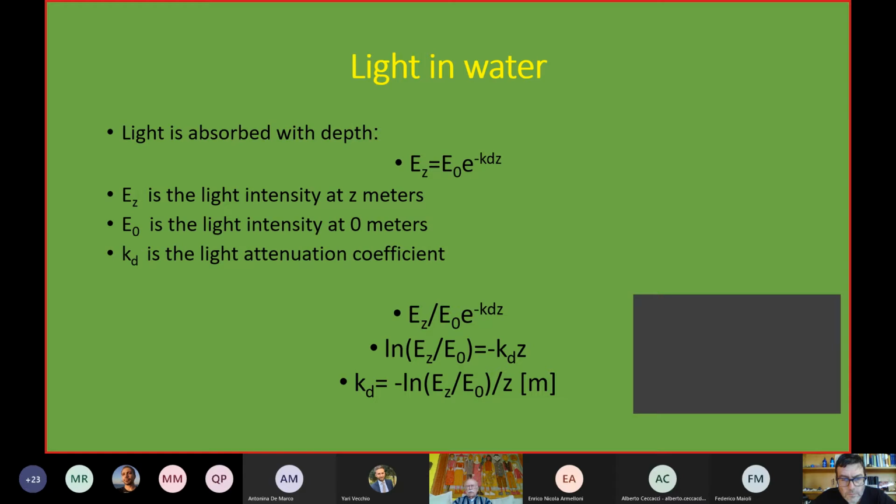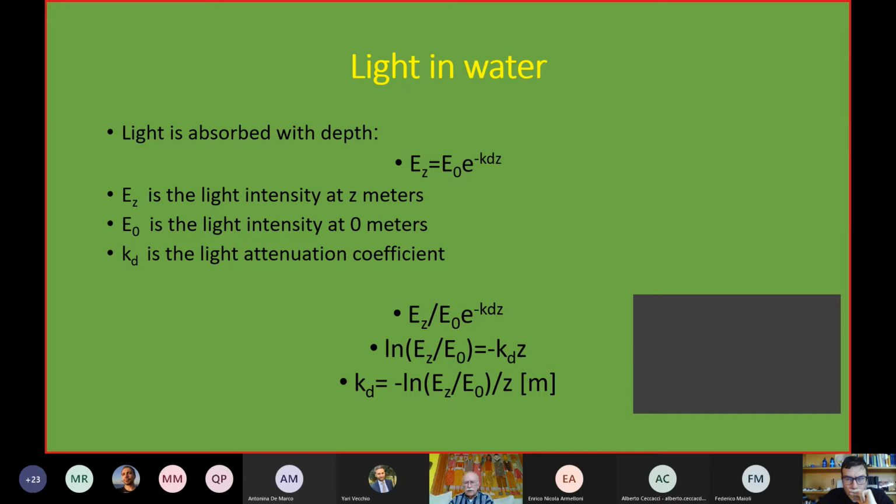Now, the way light is absorbed in a water body is exponentially, and you can see at the top the radiation at a depth of z meters equals the intensity at the surface, multiplied by e to the power of minus KD times the number of meters.